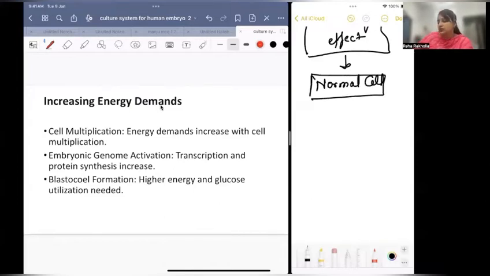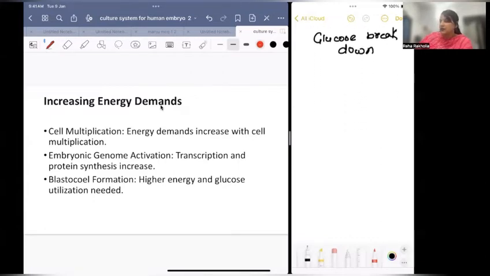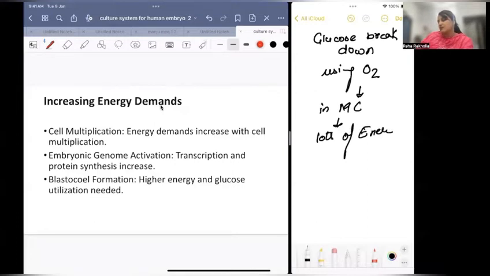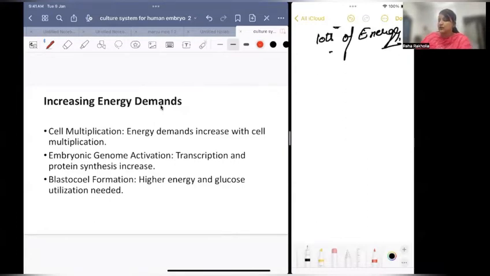It breaks down glucose. Glucose breakdown using O2 in mitochondria to produce lots of energy. What is this aerobic glycolysis?